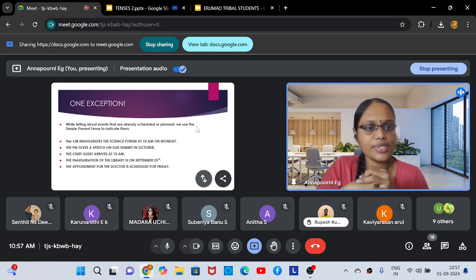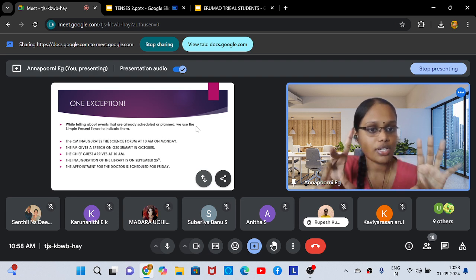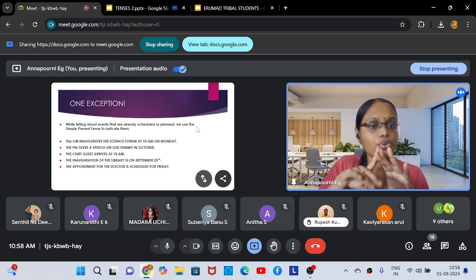Yeah, there also you are using V1 only. So how to know that there you are using will or shall, but here there is no will or shall? So you have to know the entire structure. So here the CM is the subject, inaugurates is the V1, the science forum is the object. So this is in simple present tense.